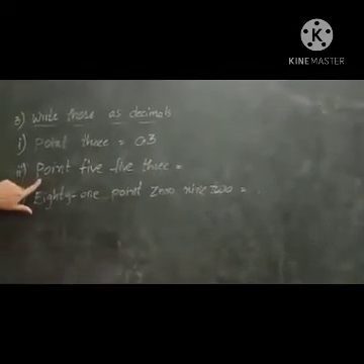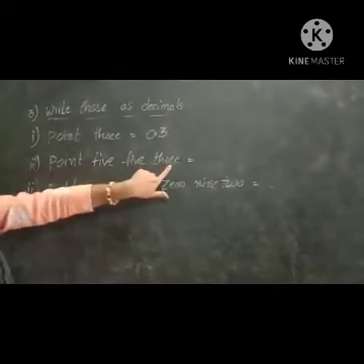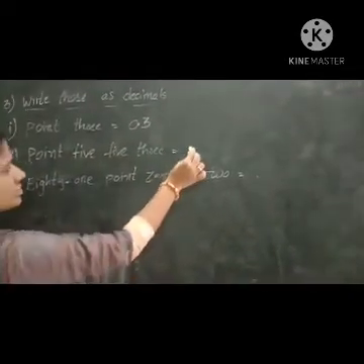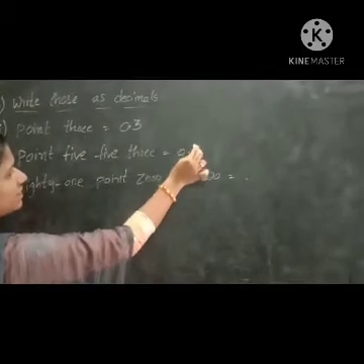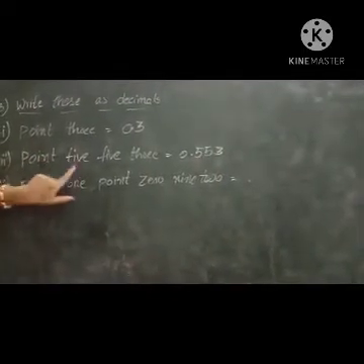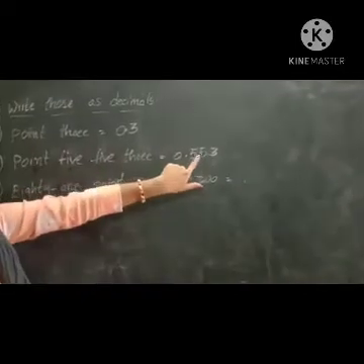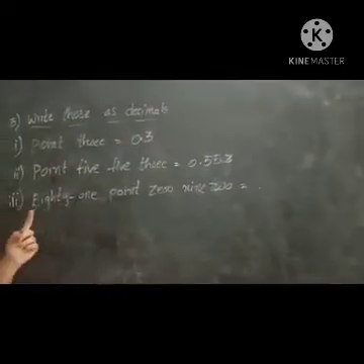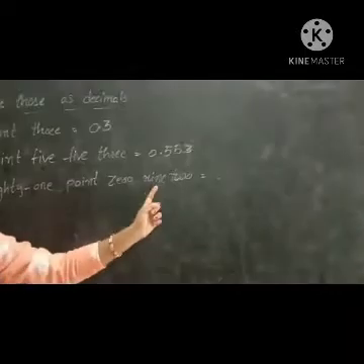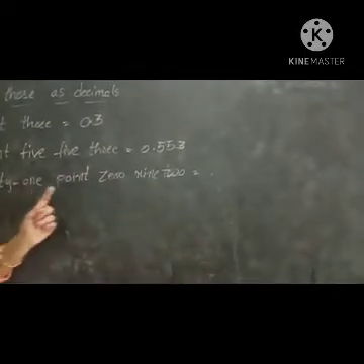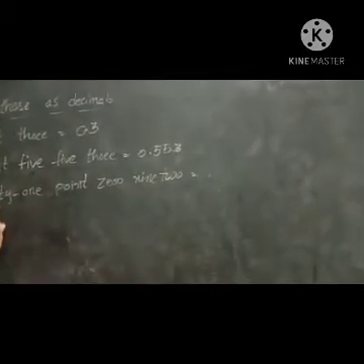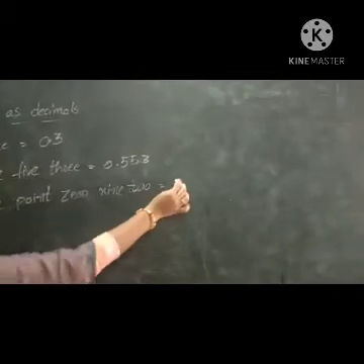Next, 0.553. Next one, see the third one, 81.092. 81 point, no, first what do we have to write? 81 we have to write here first.